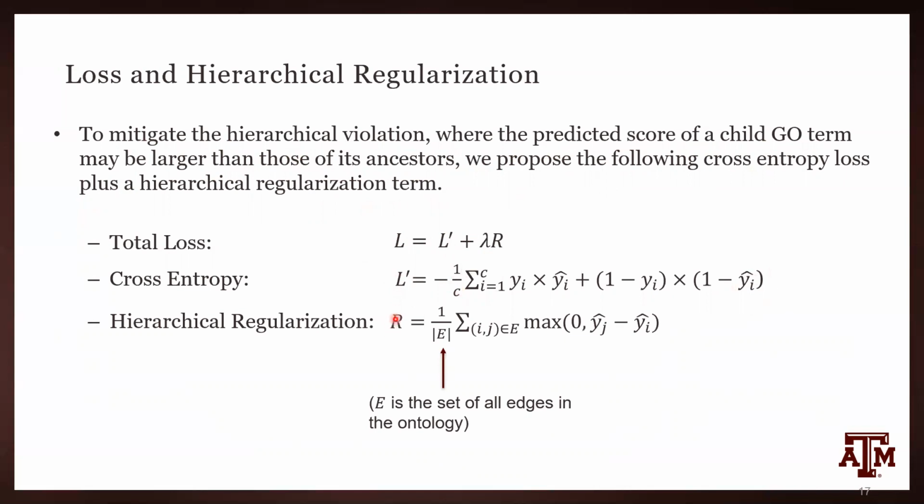And besides, we have a hierarchical regularization term R. This R is the average of a ReLU function over all the edges in the gene ontology. This ReLU function describes that if the predicted score of a child term is bigger than its parent term, then we are going to penalize it.